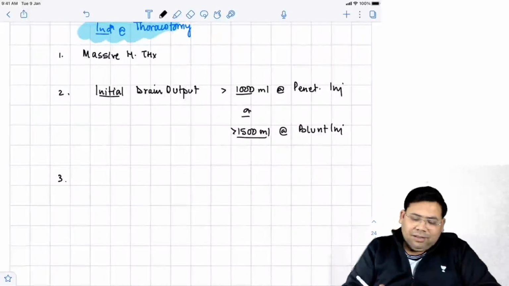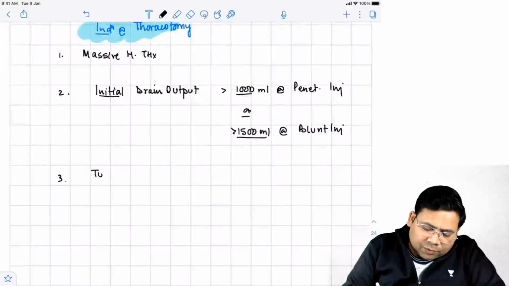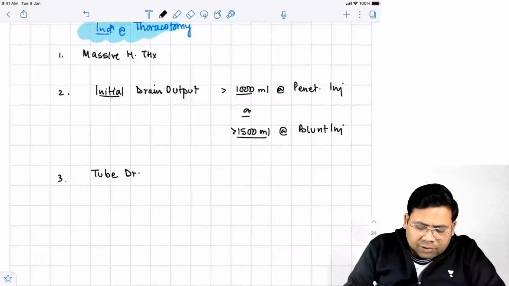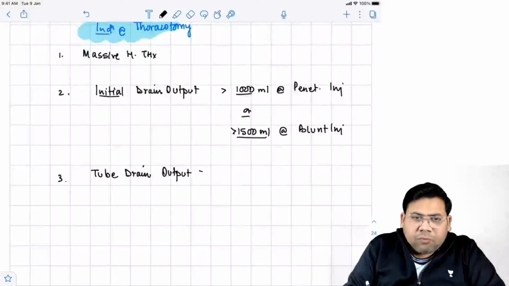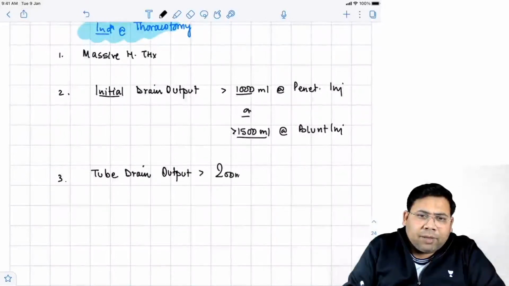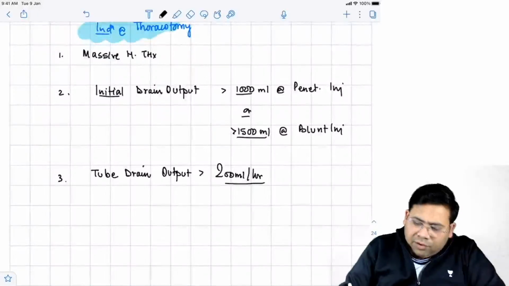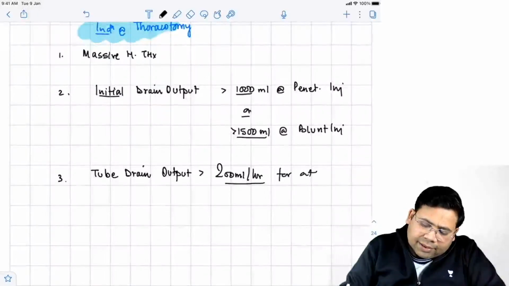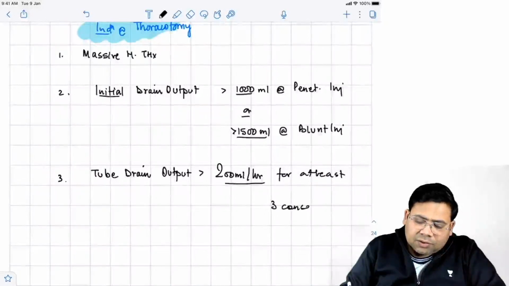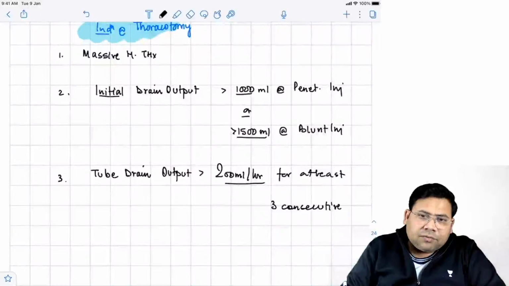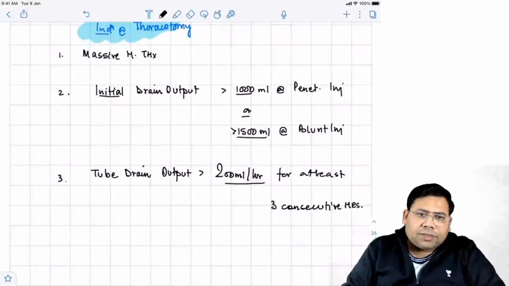So the tube drain output more than 200 ml per hour for at least 3 consecutive hours.